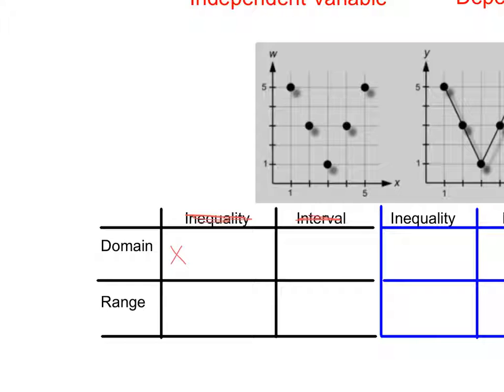So here what we could say is X is an element of, that's what this little E looking thing is, and then we can make a set. This looks just like the lists that you put on your calculator. Okay, that's set notation. The set 1, 2, 3, 4, 5. So X is an element of that set.